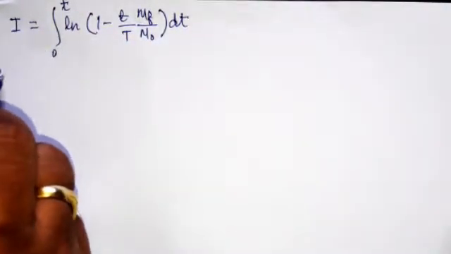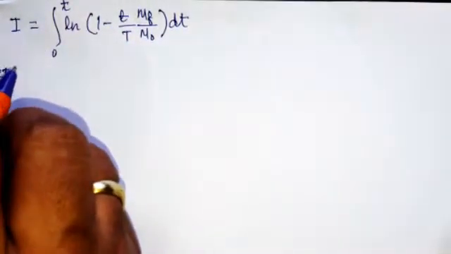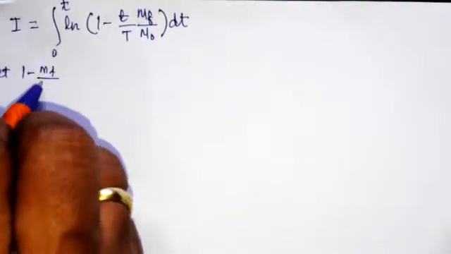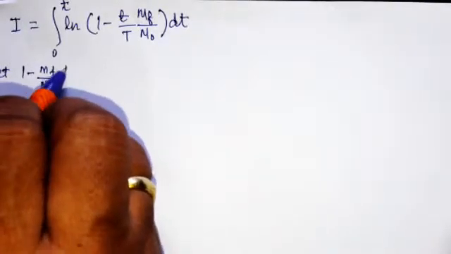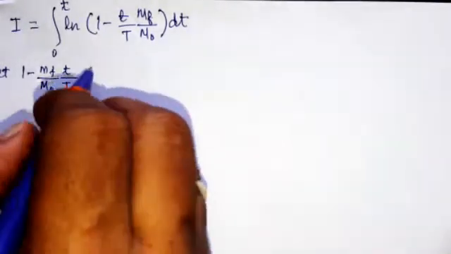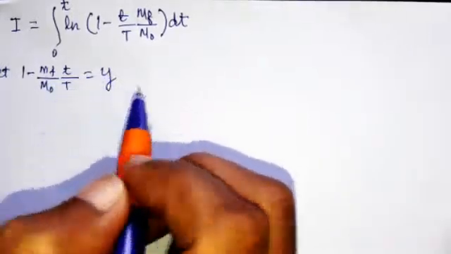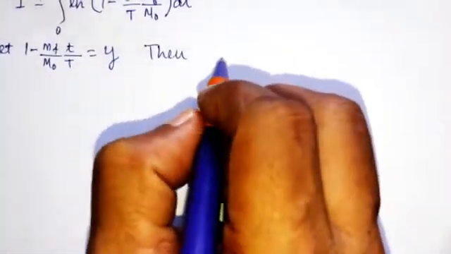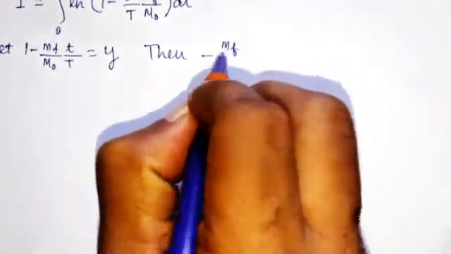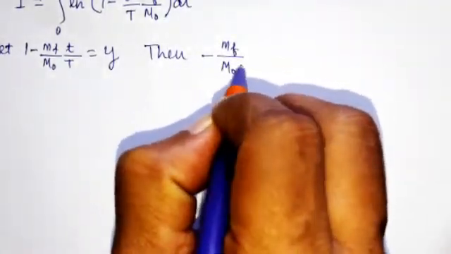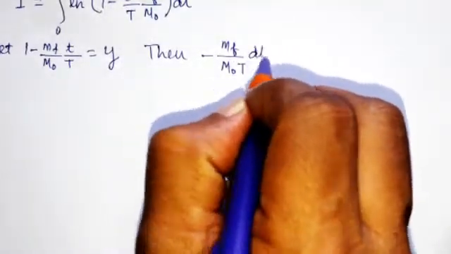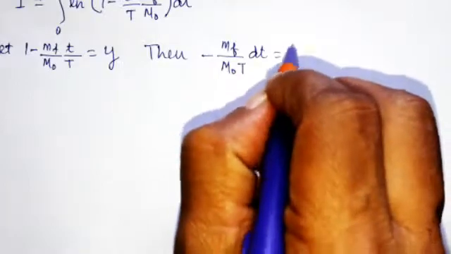Let us substitute 1 minus mf upon m naught multiplied by small t upon capital T is equal to y. Then minus mf upon m naught into t dt is equal to dy.